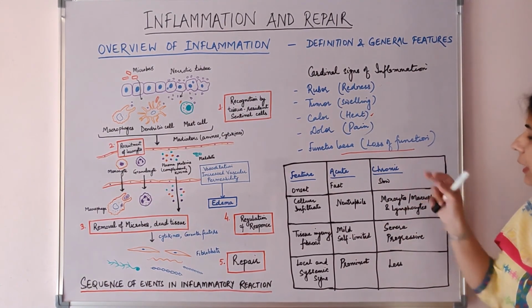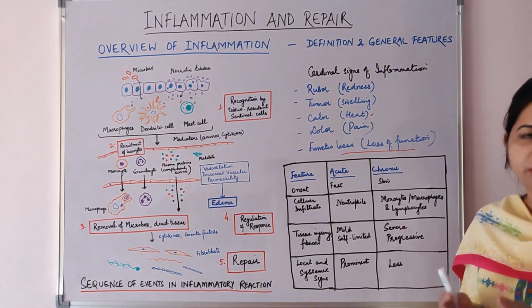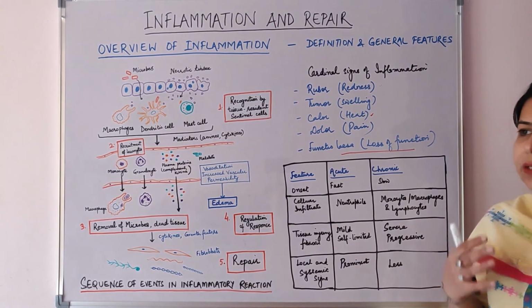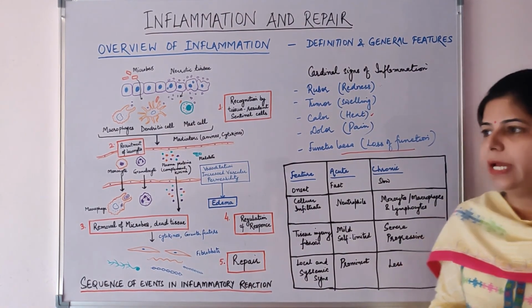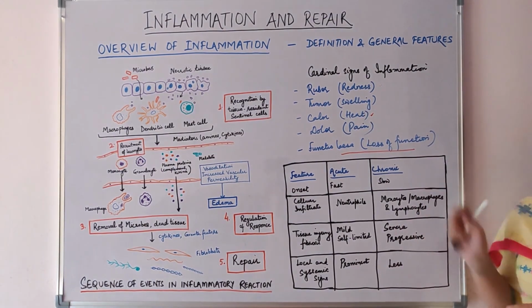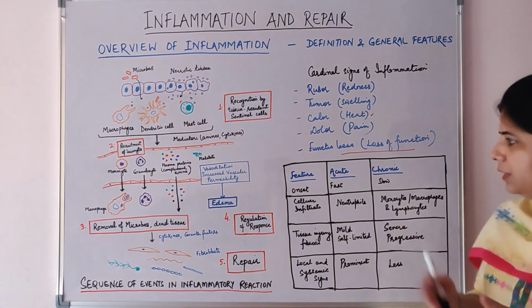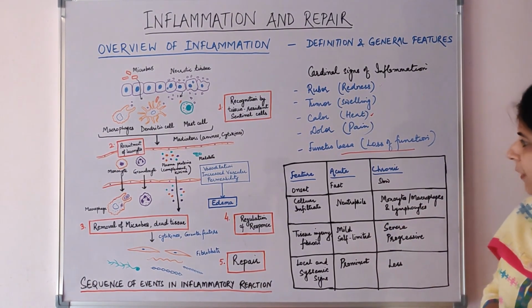Chronic inflammation occurs as a response to agents which cannot be readily removed, for example, tubercle bacilli, environmental agents in allergic reactions, and autoimmune diseases where the immune response is against the self antigens. So chronic inflammation occurs in these cases.